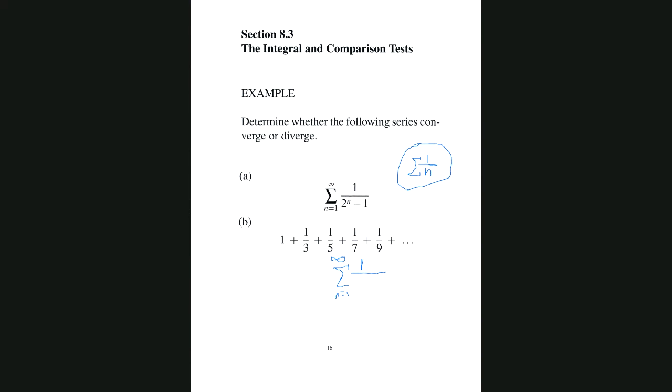So I'm trying to get a formula for my series here. That sounds good. Very good, Robin. 1 over 2n minus 1. That's the formula for that series. Because when n is 1, you'll have 1 over 2 minus 1, and that's 1. When n is 2, you'll have 1 over 2 times 2 minus 1. That's 1 over 3. It checks out.